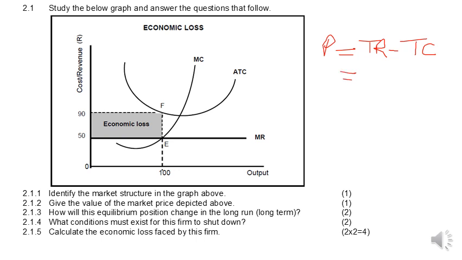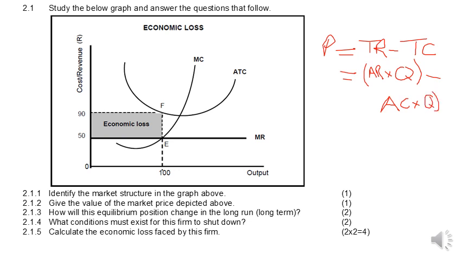Total revenue is average revenue multiplied by quantity, and your total costs is average cost multiplied by quantity.